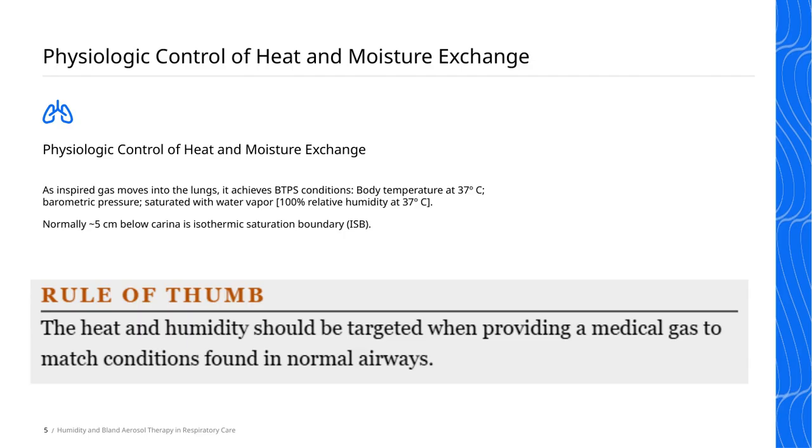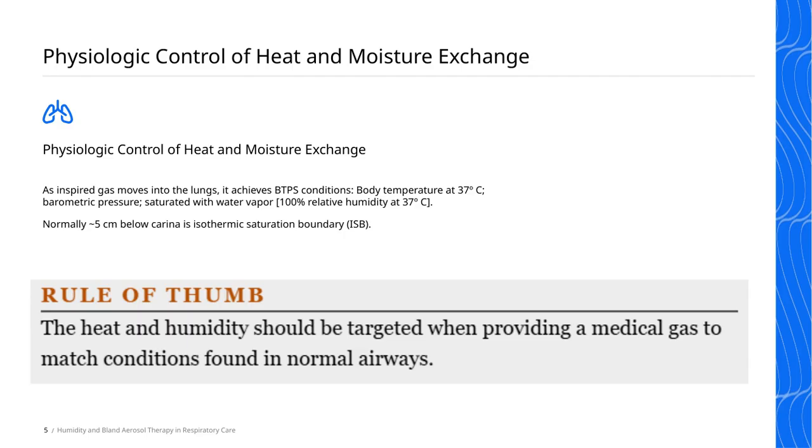Normally, about 5 centimeters below the carina, the point where the trachea splits into the bronchi, we find what's called the isothermic saturation boundary, or ISB. This boundary is crucial because it marks the point in the respiratory tract where the inspired air becomes fully humidified and warmed to body temperature.